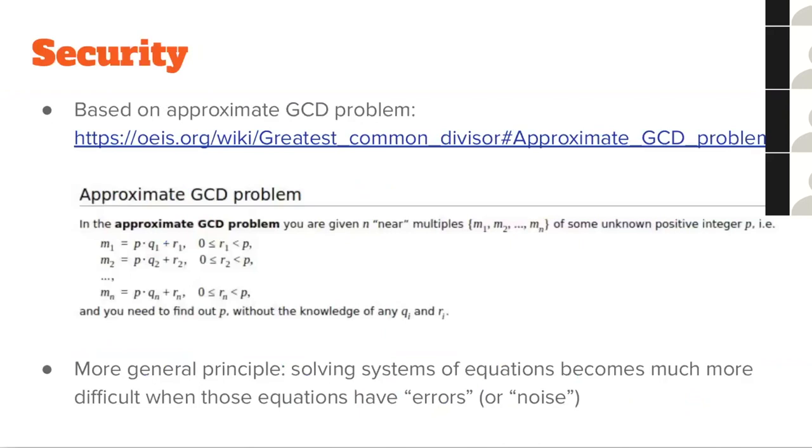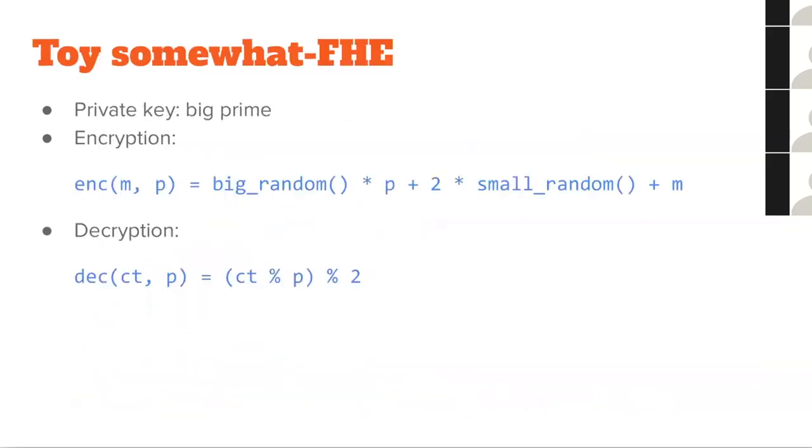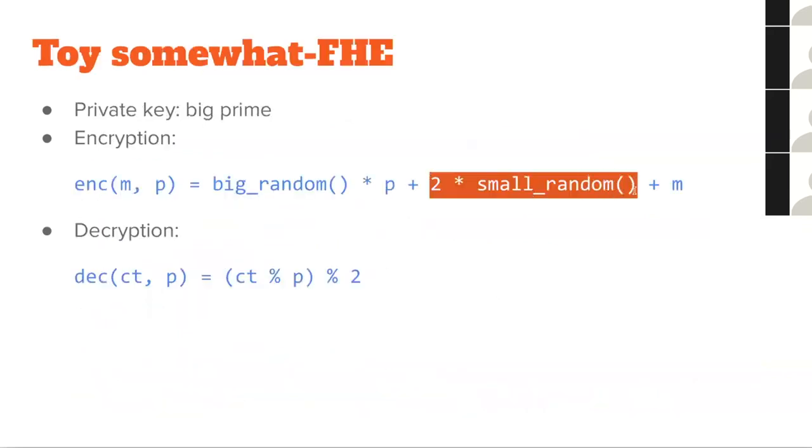Now, why does it have any level of security? Basically, it's this approximate GCD problem. If you did not have noise, so if we did not have this 2 times small random, then you have just a bunch of multiples of p plus 0 or 1, and a bunch of them are going to be just multiples of p plus 0. Then you can use the Euclidean algorithm, GCD all of these multiples together, and you get p, and then you can break the scheme.